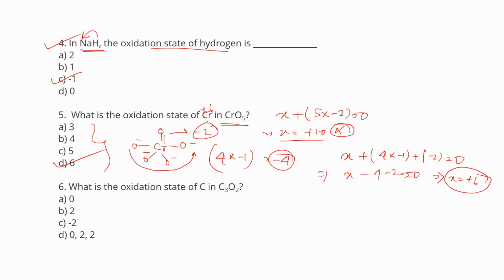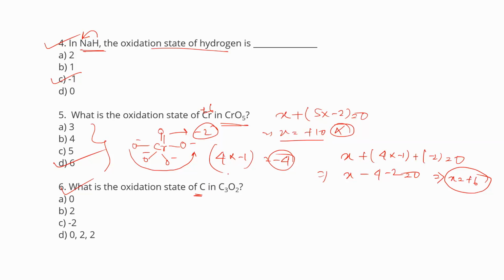So see here, it does not depend only on which type of element is attached, it depends on the geometry. Here we have calculated the oxidation state of chromium. Question number 6: what is the oxidation state of carbon in C3O2?